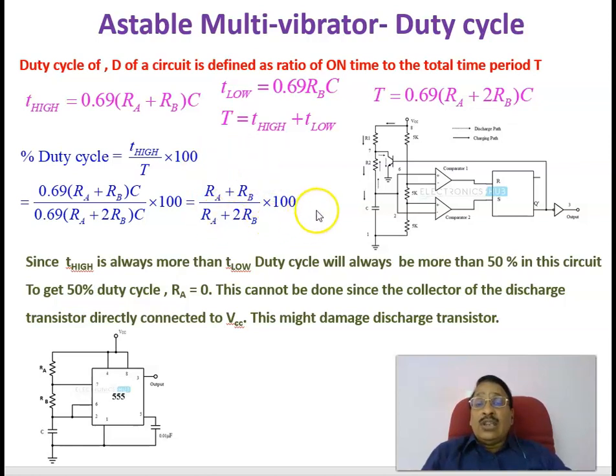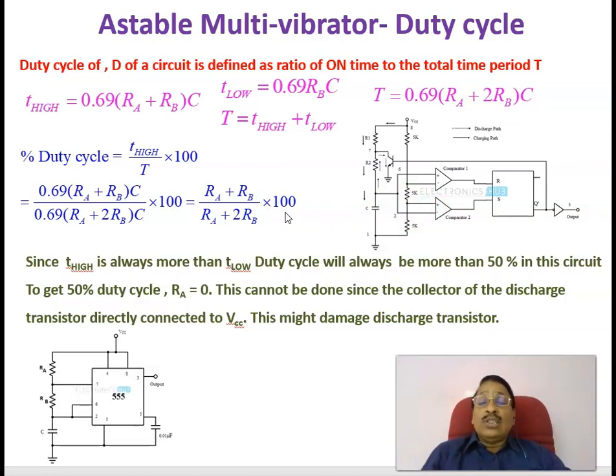Now, looking at this equation, T high equals 0.69 RA plus 0.69 RB into C, while T low equals 0.69 RB into C, meaning that T high is always more than T low. Because of that, you can get a duty cycle of more than 50% from this circuit. You cannot get a duty cycle of less than 50% from this circuit.